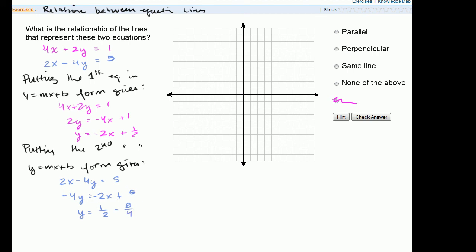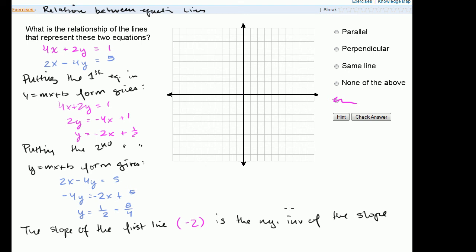And then the next hint, the last hint, you'll say: the slope of the first line, and in parentheses you could put the slope, negative 2, is the negative inverse of the slope of the second.